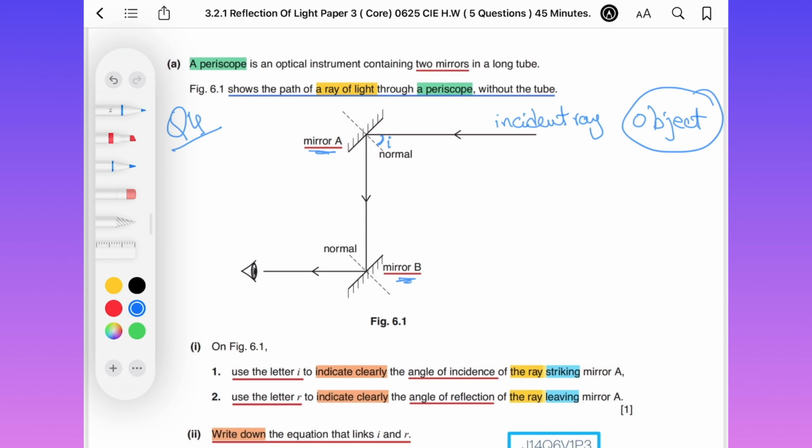Use the letter R to indicate clearly the angle of reflection of the ray leaving mirror A. Please pay attention here because we have two mirrors.